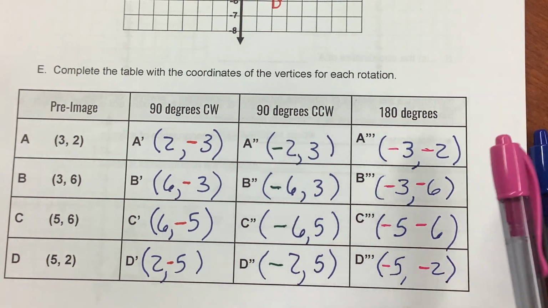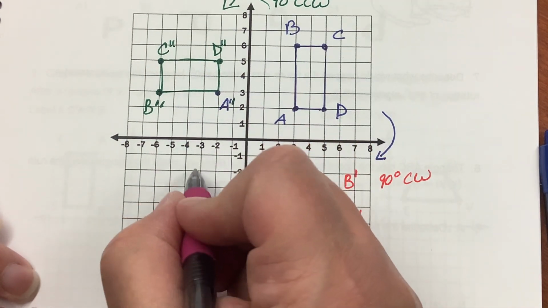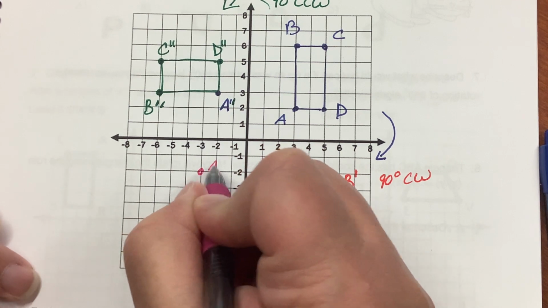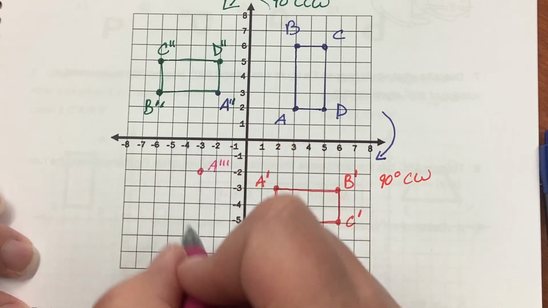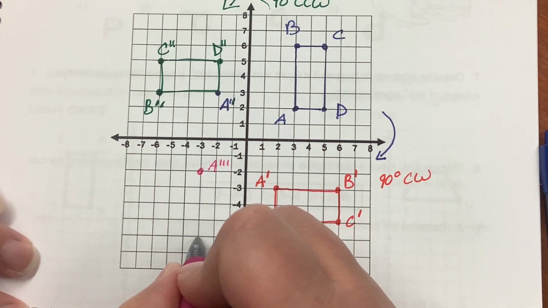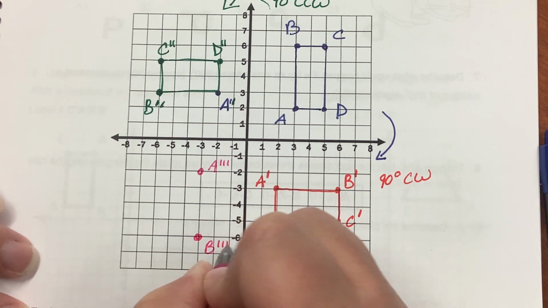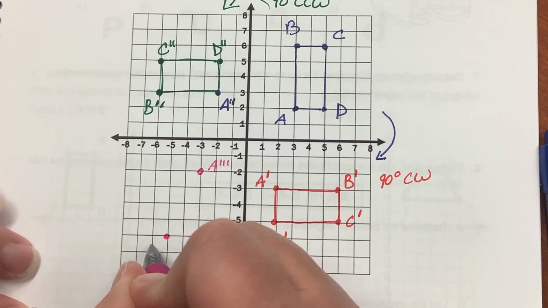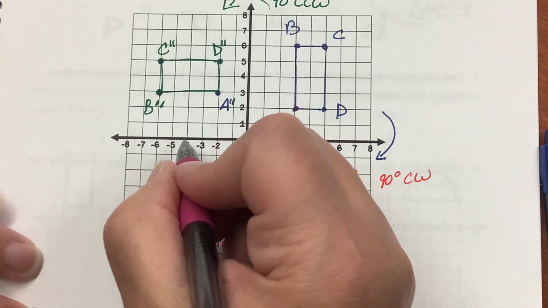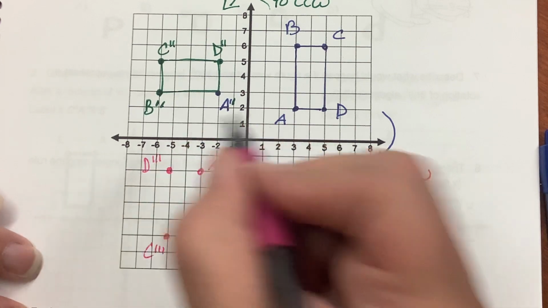So now let's go up and graph this. Here we go. Just negate all the coordinates. So negative 3, negative 2 for A triple prime, negative 3, negative 6 for B triple prime, negative 5, negative 6 for C triple prime, and negative 5, negative 2 for D triple prime.